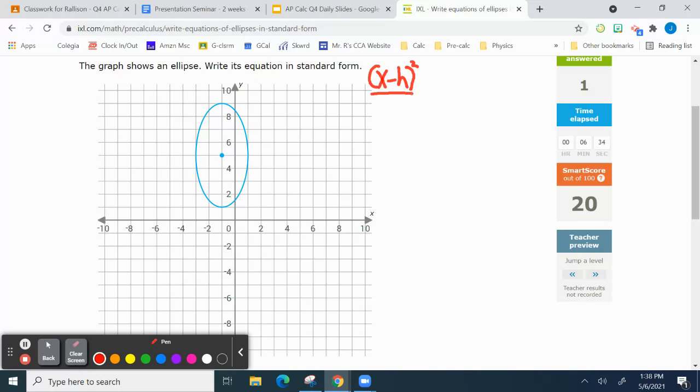The major axis is right there because that's longer, and the minor axis is right there. So that's going to be the minor axis. And this is going to be the major axis.